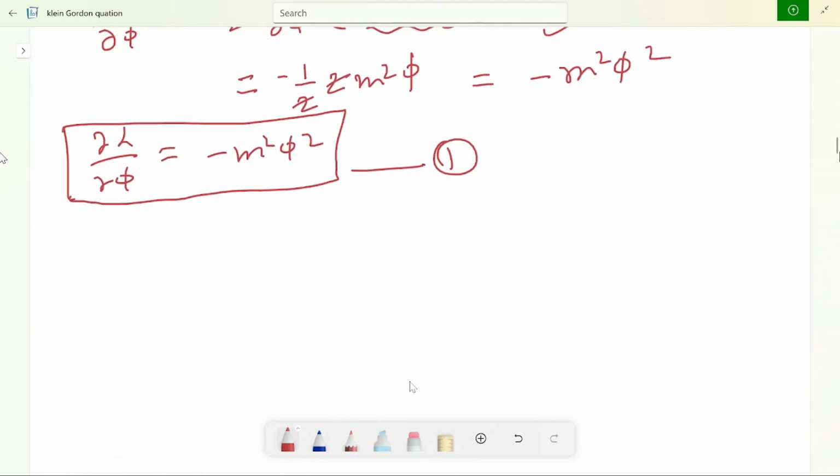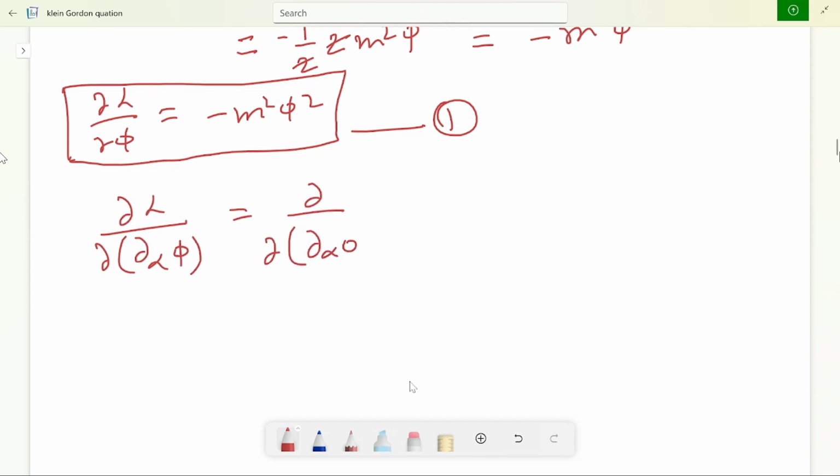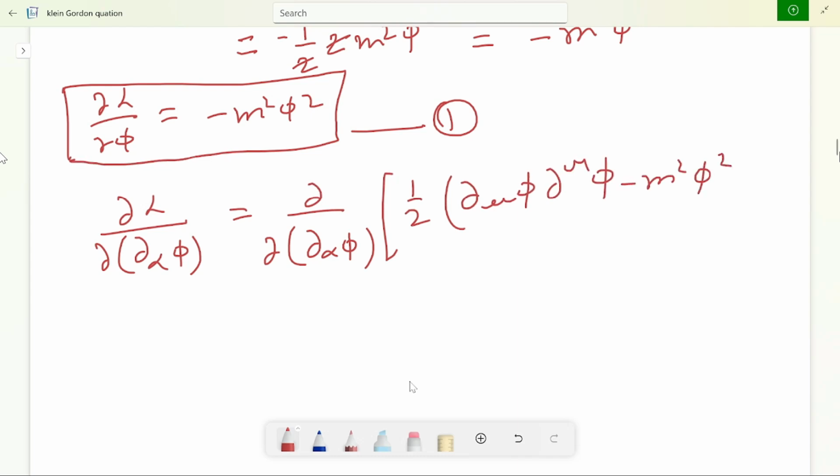Now working with the second part, this is where the complication actually starts. We want to take the derivative of the Lagrangian density with respect to the derivative of the field. This would just be d by d d alpha phi of our Lagrangian density, which is half d mu phi d mu phi minus m square phi square.